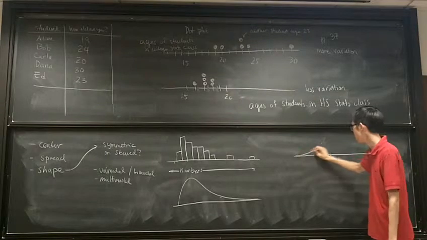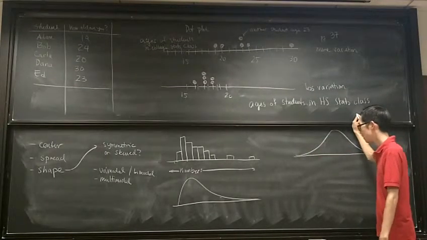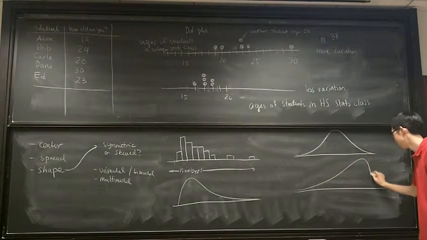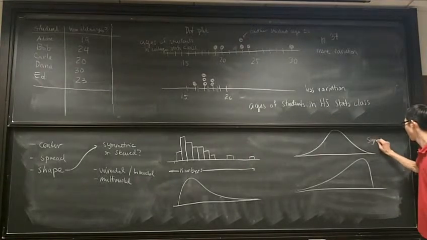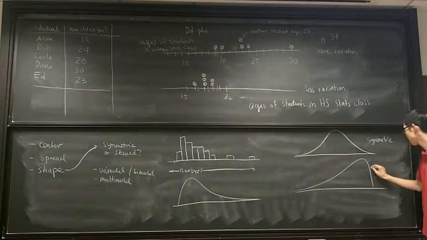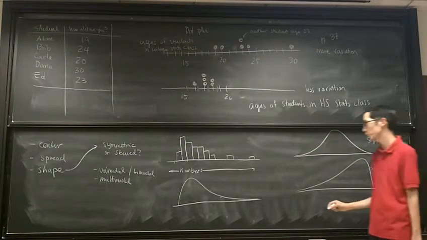But I could have different shapes. And just remember, underlying this, I've got these shapes here. This one is symmetric. This is skewed left. And this one is skewed right.